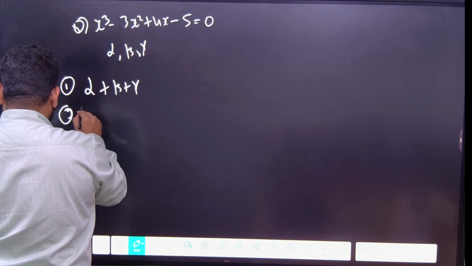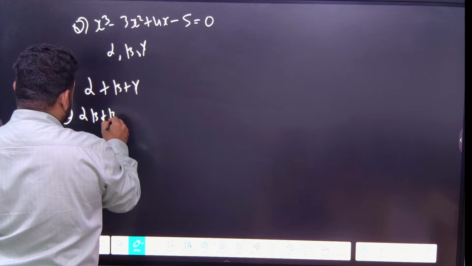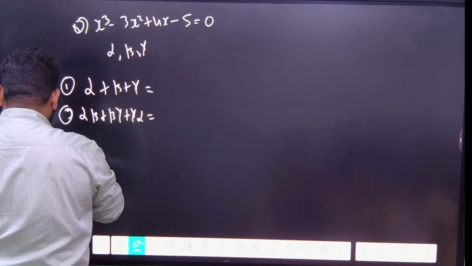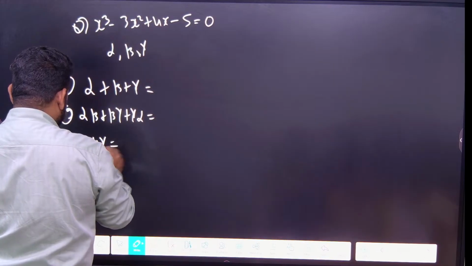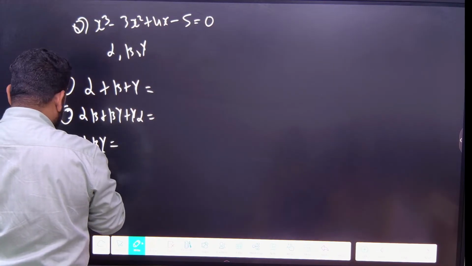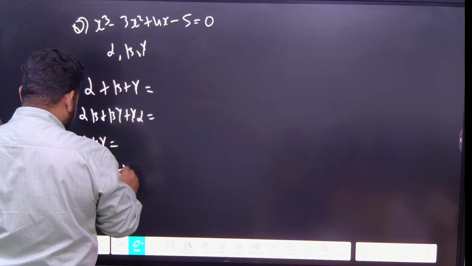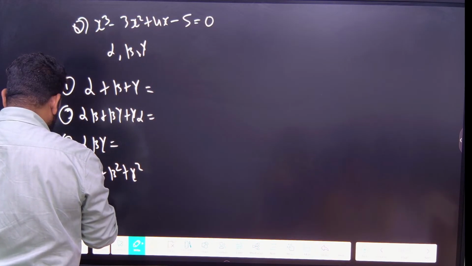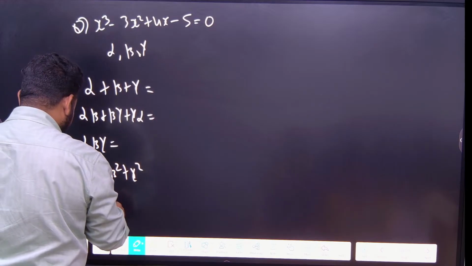Second, find alpha beta plus beta gamma plus gamma alpha. Third, find alpha beta gamma. Fourth, find alpha square plus beta square plus gamma square. Fifth, find alpha cube plus beta cube plus gamma cube.